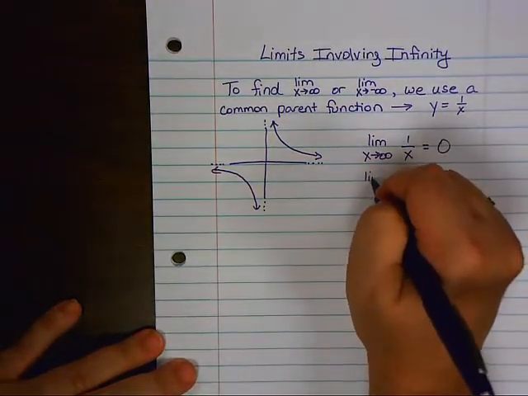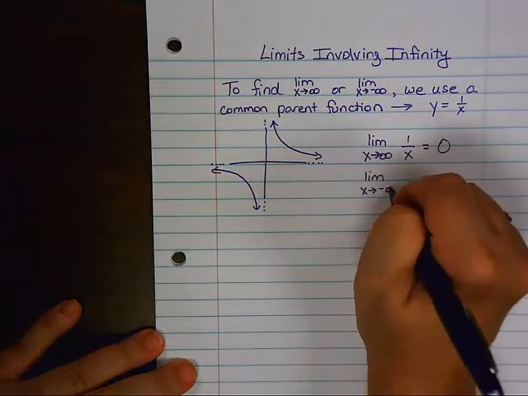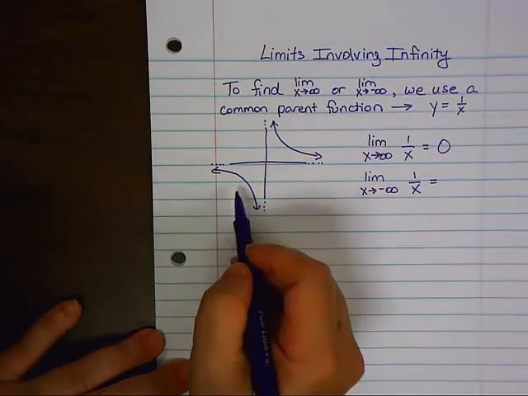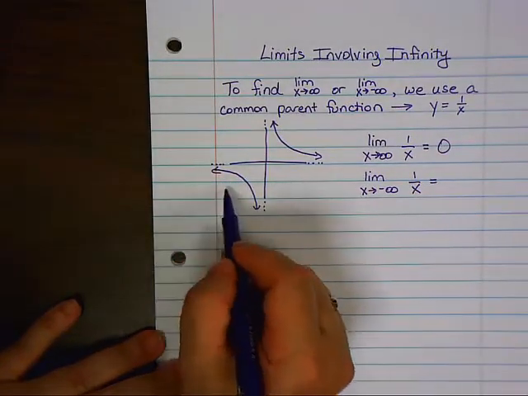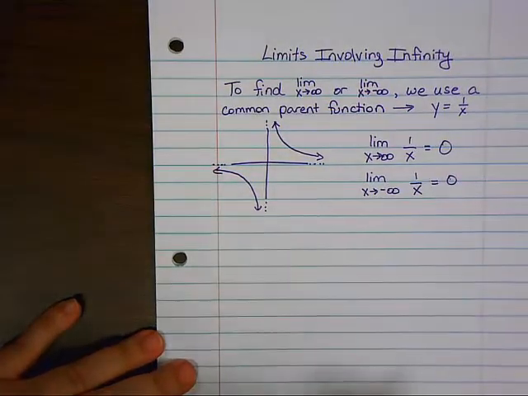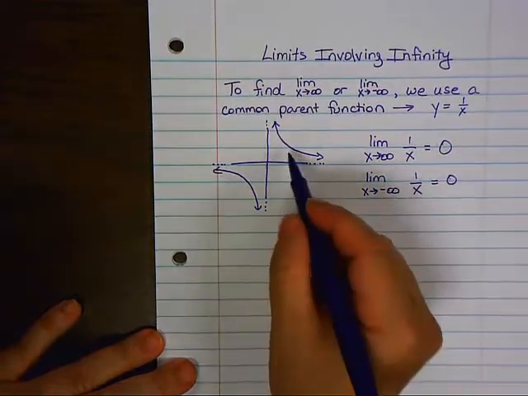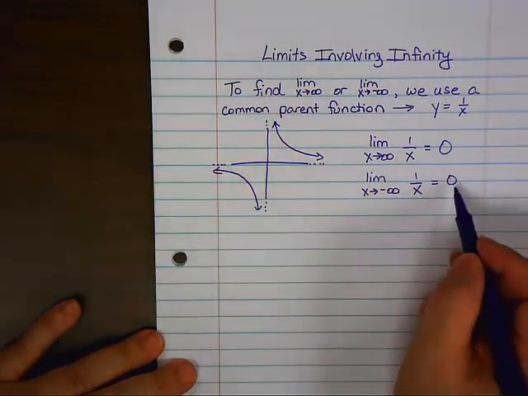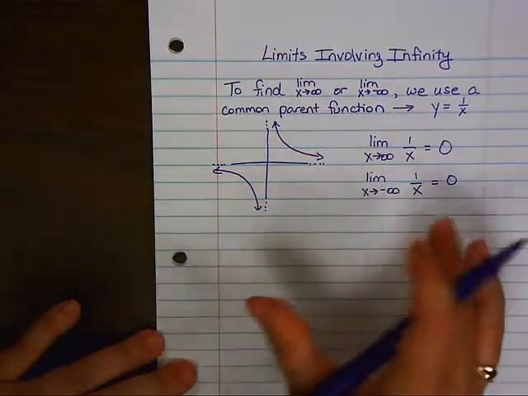And then the limit as x approaches negative infinity of 1 over x. Negative infinity means look at the left side of the graph. What is it approaching? It's approaching 0. So, no matter whether you're going to positive infinity or negative infinity, for this function, it's going to 0. Does everybody understand and agree with that?